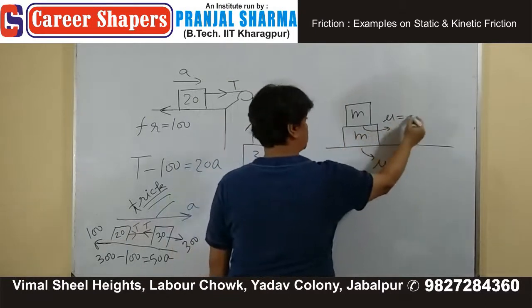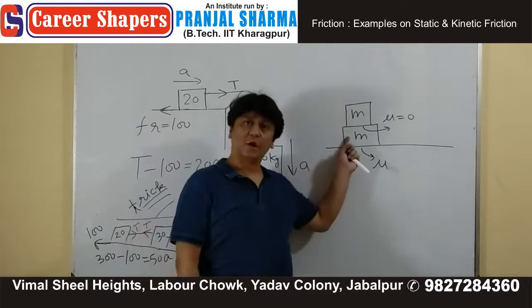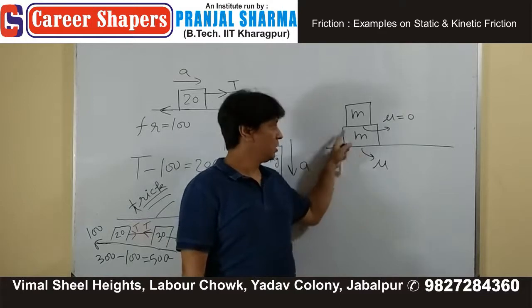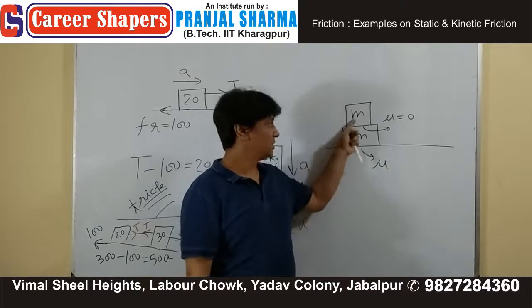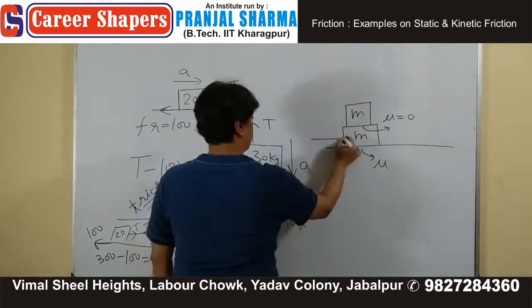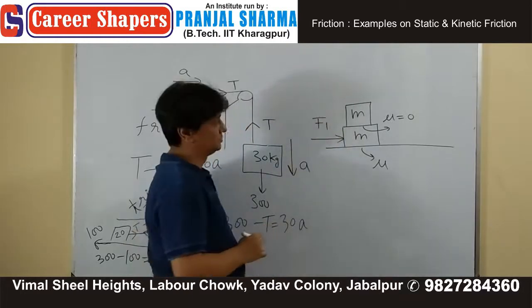Coefficient of friction is 0. You have a block of mass M. Friction is present between M and ground. On top of this M, you have another block of same mass. There is no friction between these two. Force F1 is acting in this direction.